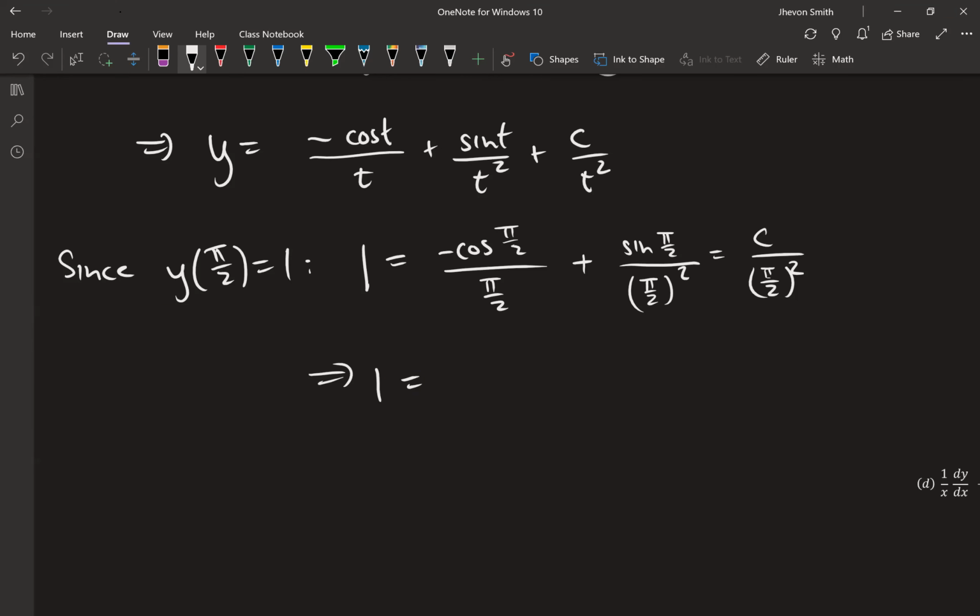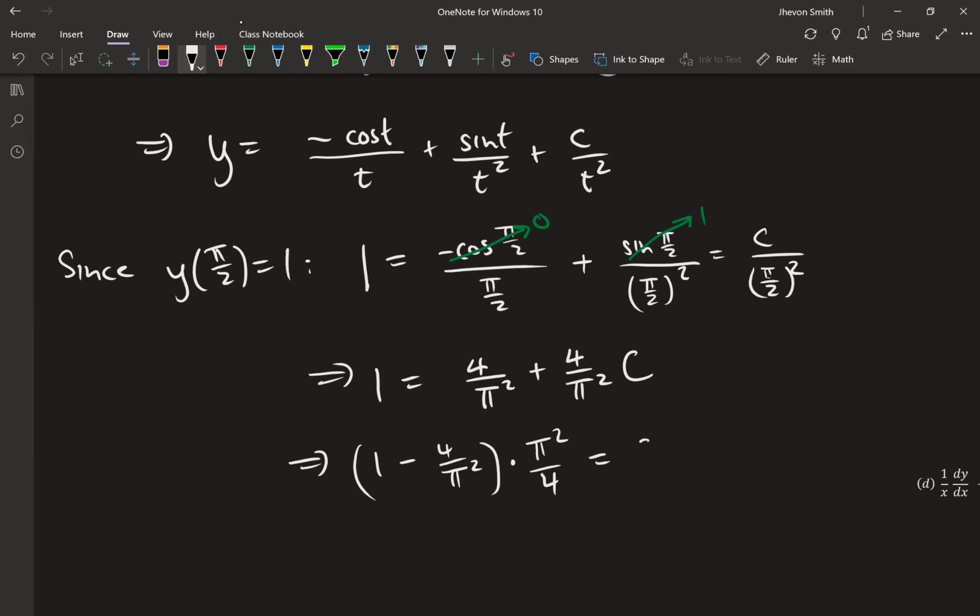Okay, what's cosine of pi over 2? 0. What's sine of pi over 2? 1. Right. So this now becomes 4 over pi squared plus 4 over pi squared times c, which means I can take 1 minus 4 over pi squared, then multiply by pi squared over 4, and that will be c.